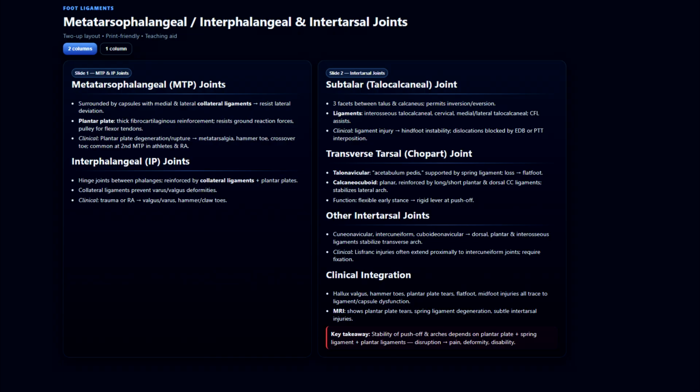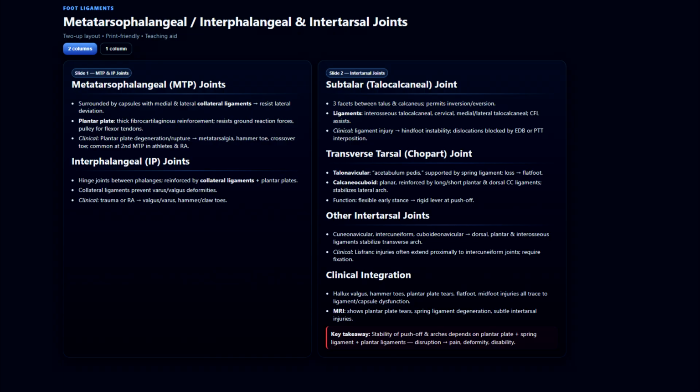The stability of this joint depends heavily on its ligamentous support. The calcaneofibular ligament, already familiar from the lateral ankle, also contributes. But intrinsic stabilizers dominate: the interosseous talocalcaneal ligament in the tarsal sinus, the cervical ligament, and the medial and lateral talocalcaneal ligaments. Together, they act like check reins, preventing abnormal tilting of the talus on the calcaneus.